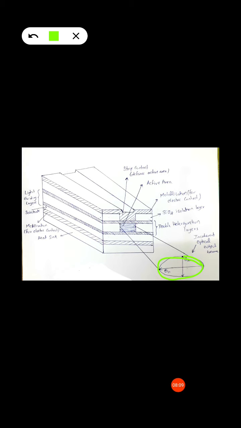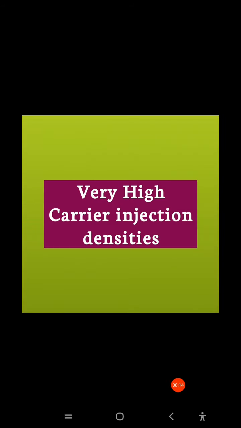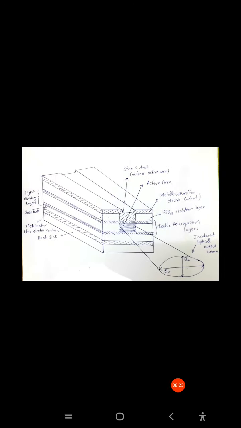The parallel half power beam width is 120 degrees, whereas the perpendicular half power beam width is very small, that is 25 degrees to 35 degrees.